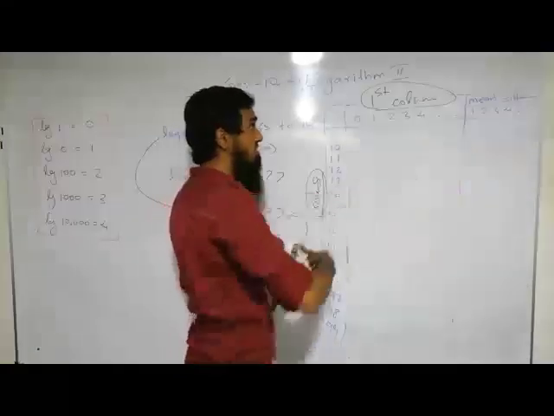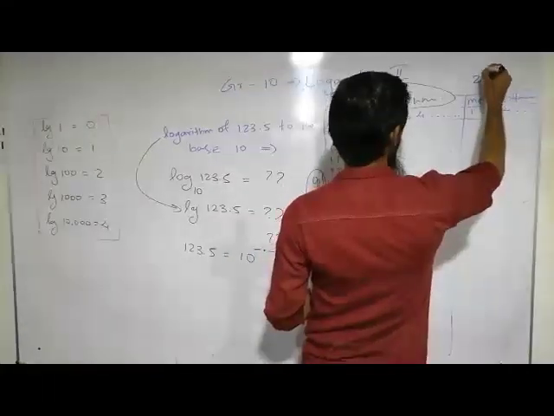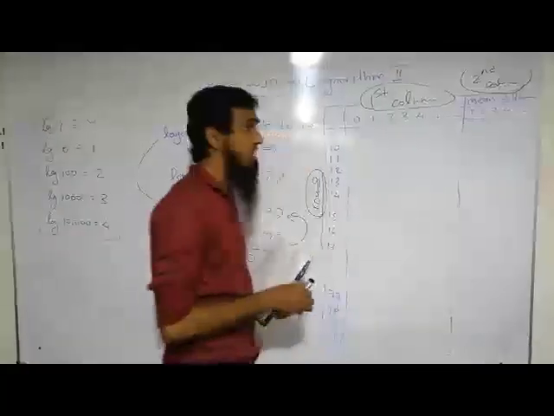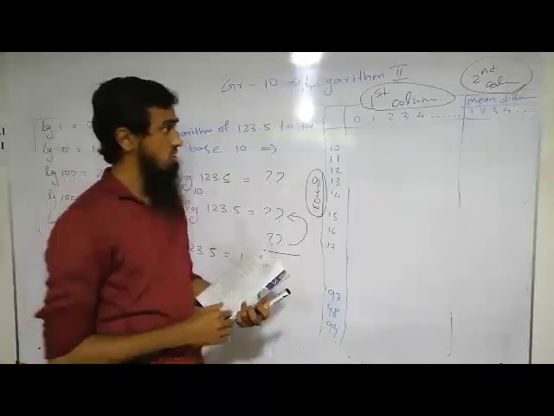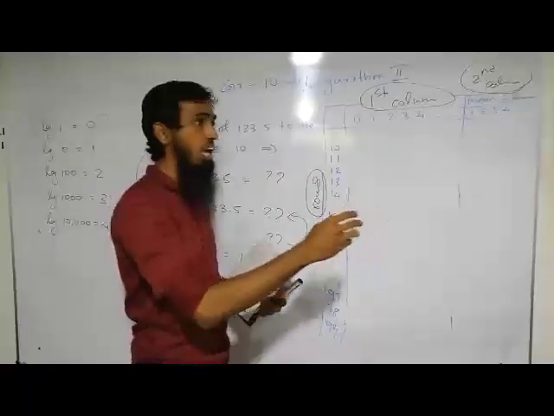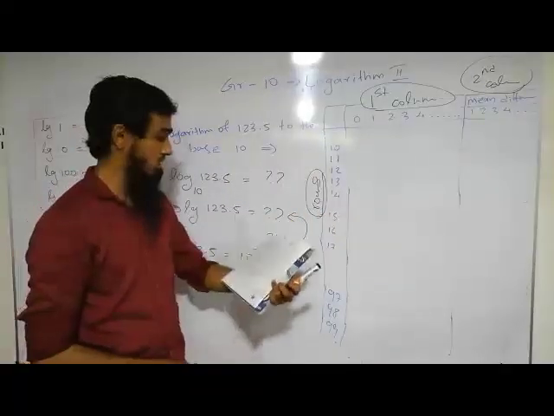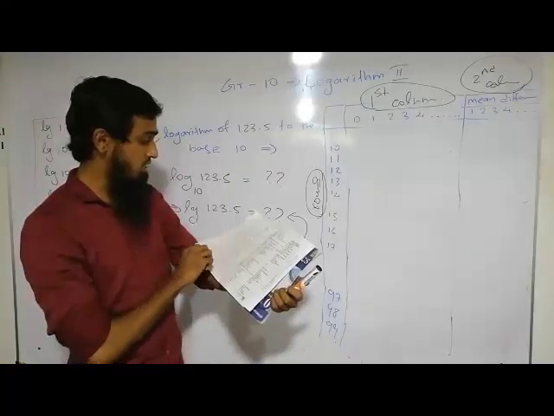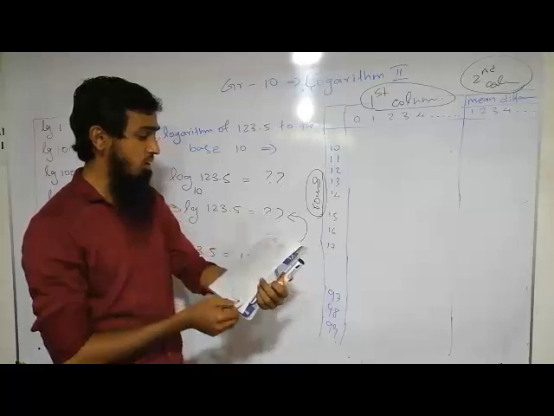And we have the second column part, which we call mean difference. In that column also we have 1 to 9, mostly single-digit numbers.